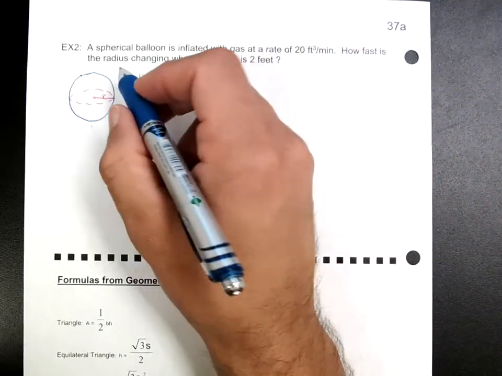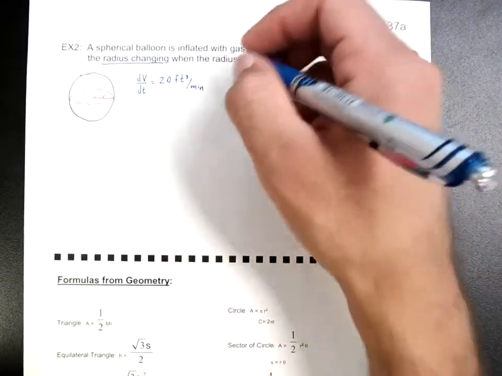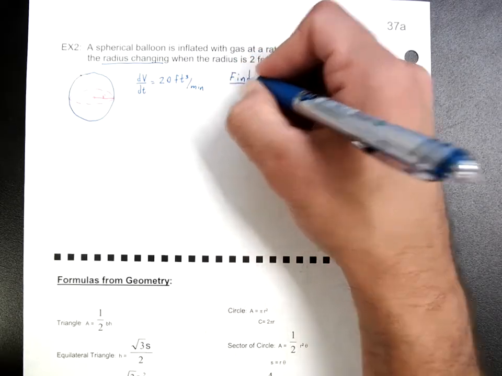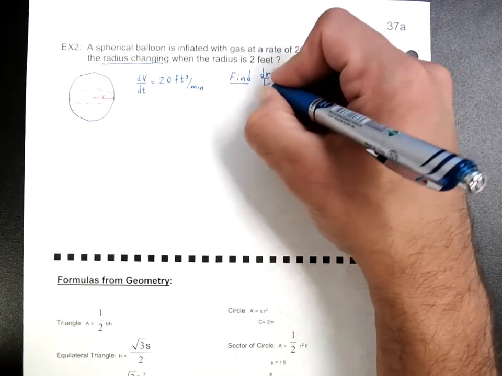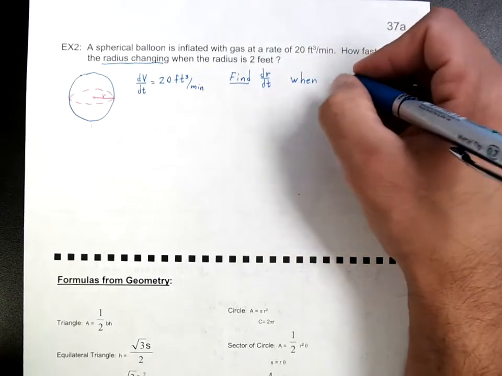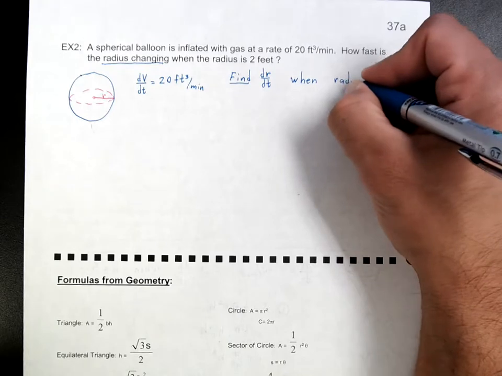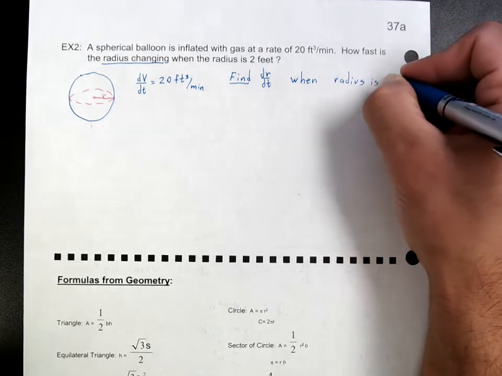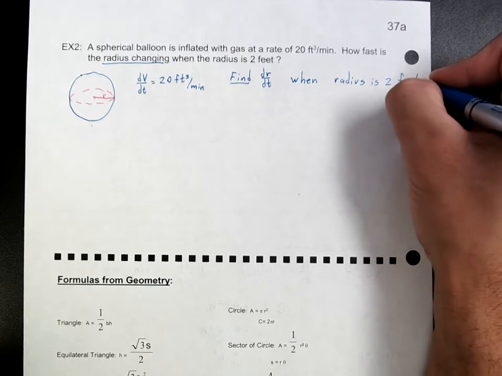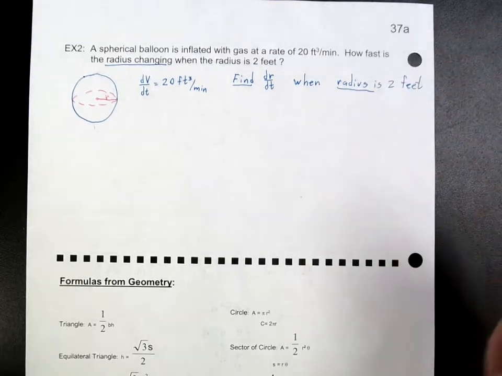How fast is the radius changing? So therefore, I want to find dr dt when the radius is 2 feet. When r is 2.